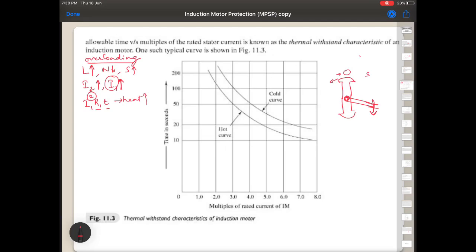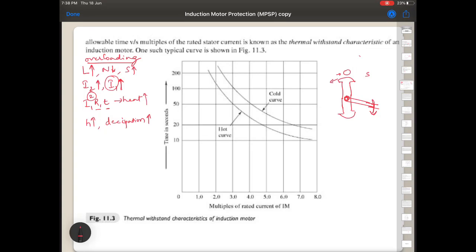That extra current will produce square times the heat. So the amount of heat generated has to be dissipated, correct? So dissipation will also increase proportionally. It depends on the type of cooling system, whether it is natural cooling, oil cooling, or forced air cooling.